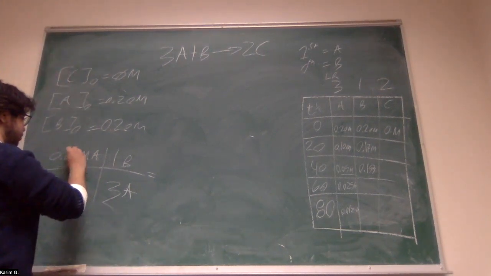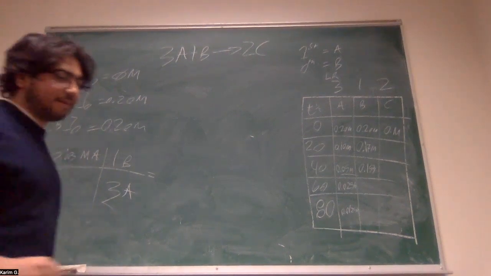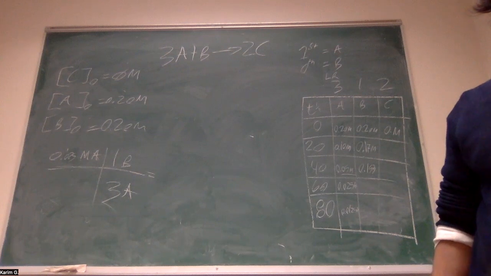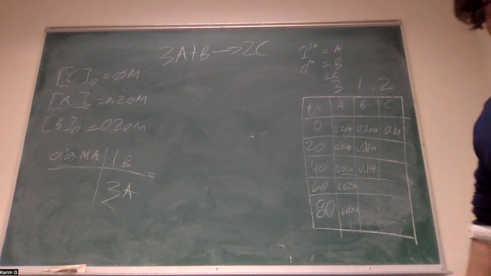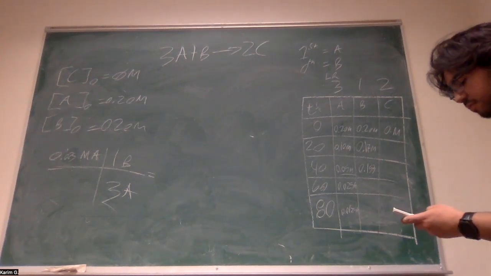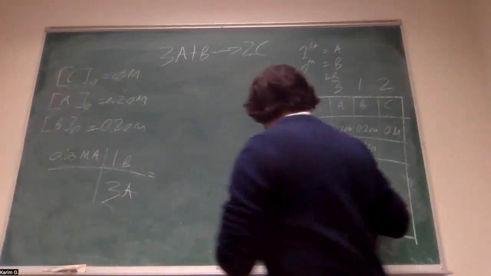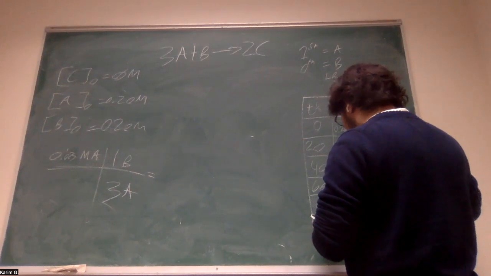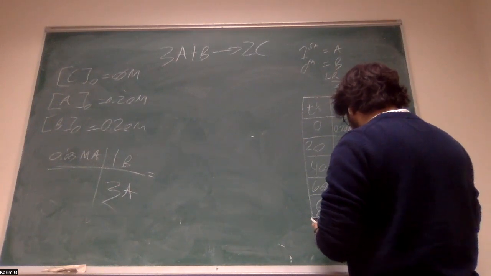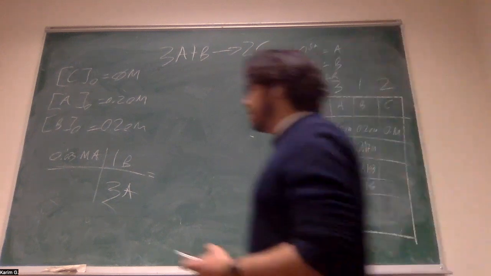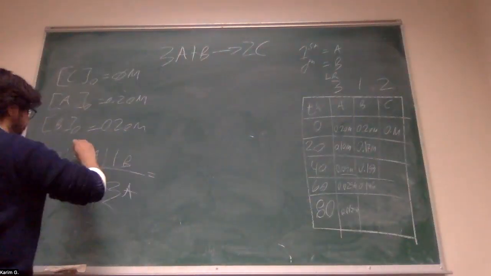So then it's 0.025 divided by 3, right, this minus 0.153. I got 0.145.